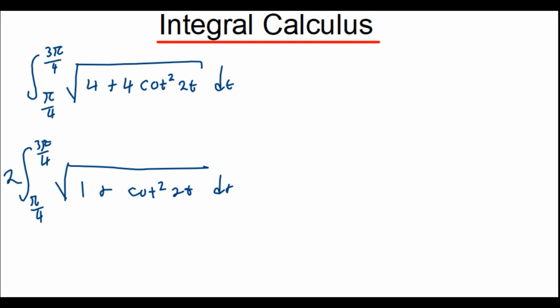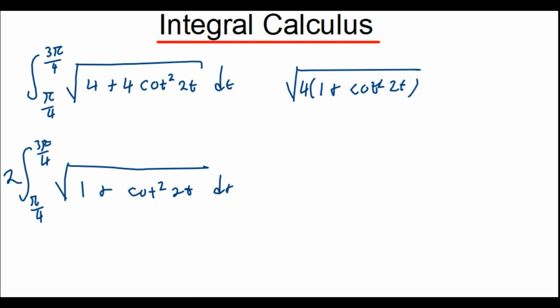Where is this coming from? And why is it coming from that to that? What I've done here is very simple. I've said, okay, I have the square root of, I can factor out the 4. I can say it's a 4, then open bracket, 1 plus cot squared 2t, like that.